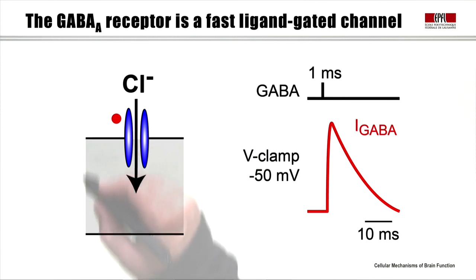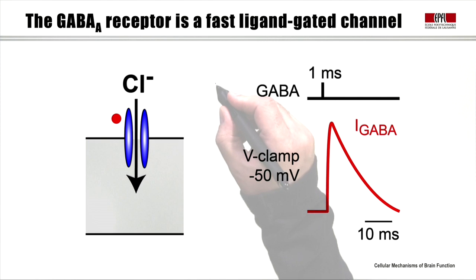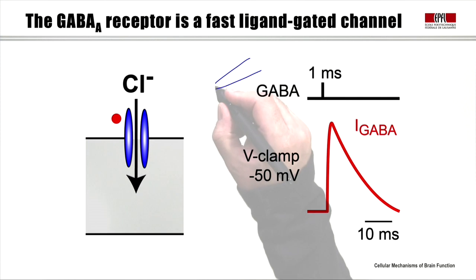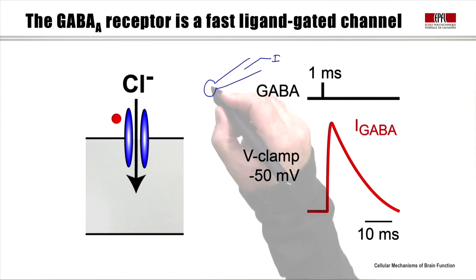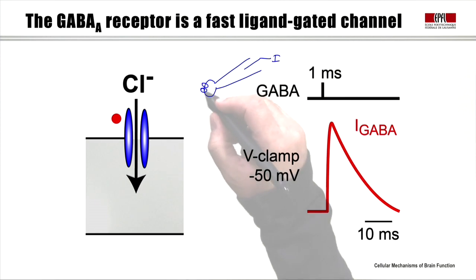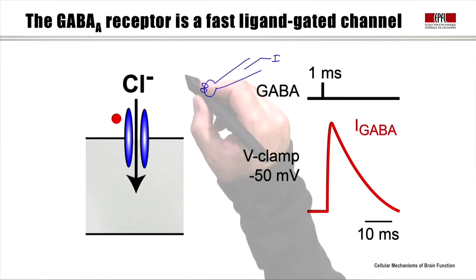It's of course also interesting to know what the time course of activation of the GABA currents are. In particular, when we're thinking about synaptic release of GABA, we're thinking about brief pulses of GABA that maybe reach 1 millimolar concentrations. In the same way that we thought about analyzing the AMPA receptors, we can also record the currents evoked by brief GABA applications onto patches of membrane containing the GABA receptor.